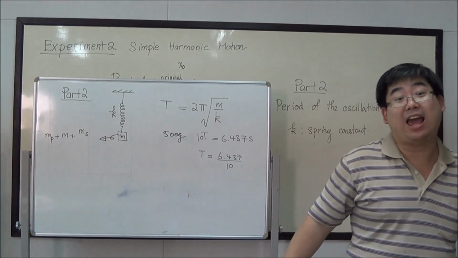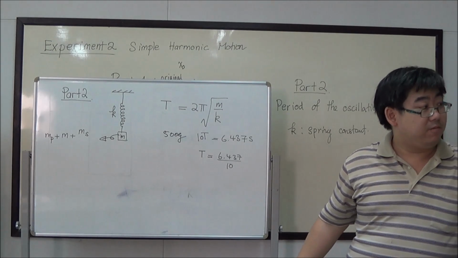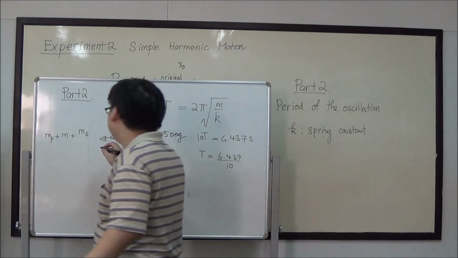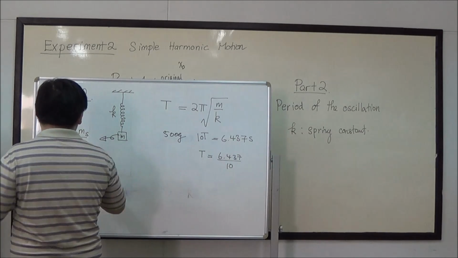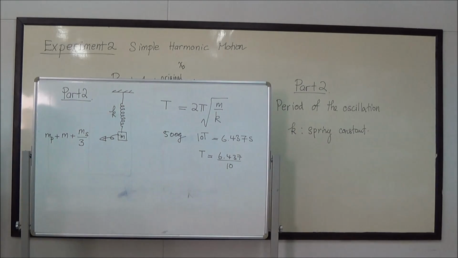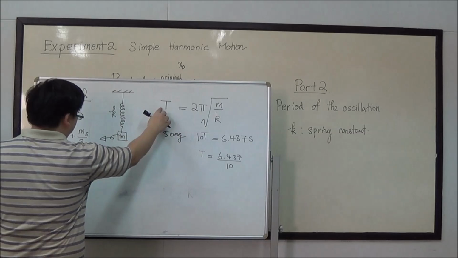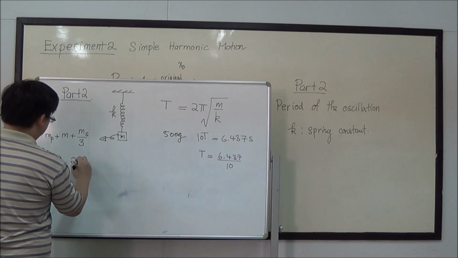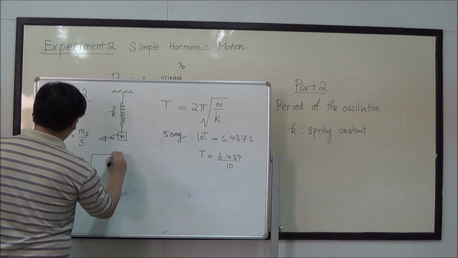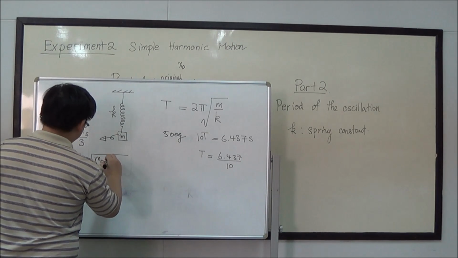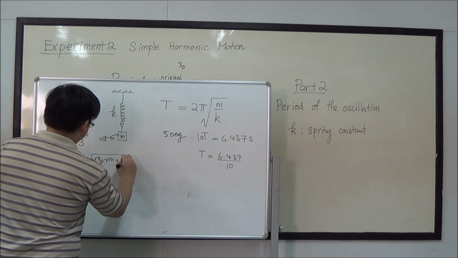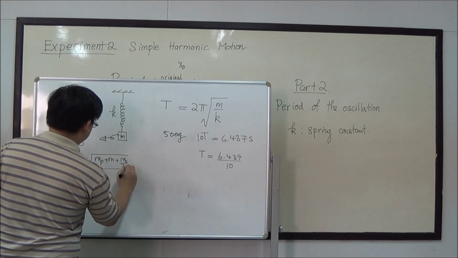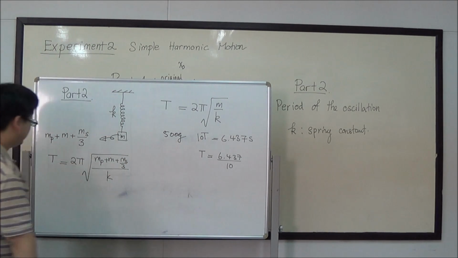So we have to find the average, and the average of the mass of this spring will be the total mass divided by 3. So the period of this oscillation T will be equal to 2 pi square root of (MP plus M plus MS over 3) divided by K.